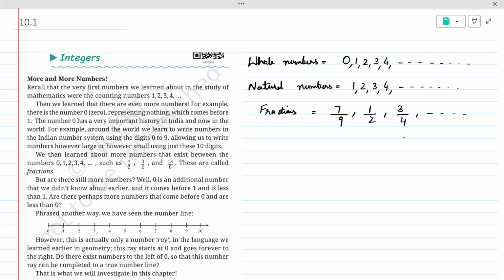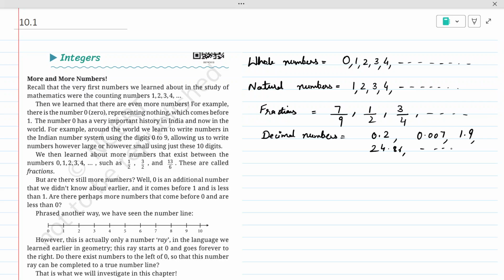These are different fractions we have studied about. Also, we have learned about decimal numbers, right? What are decimal numbers? 0.2, 0.007, 1.9, 24.86, etc. All these are decimal numbers.